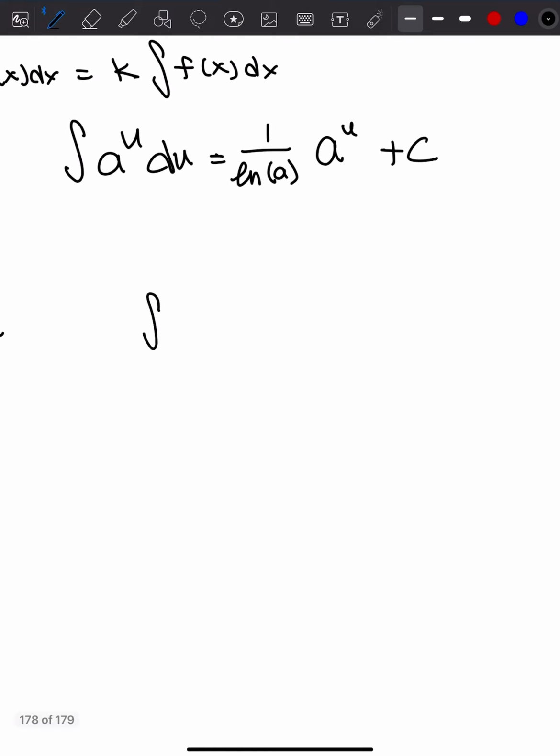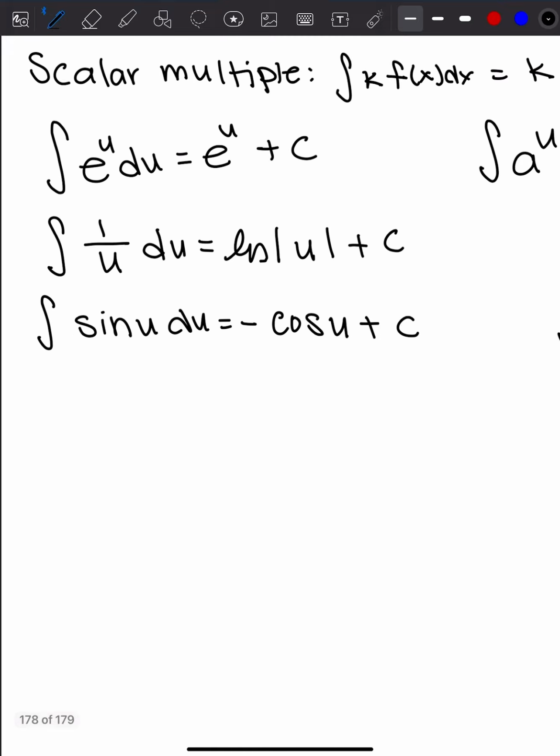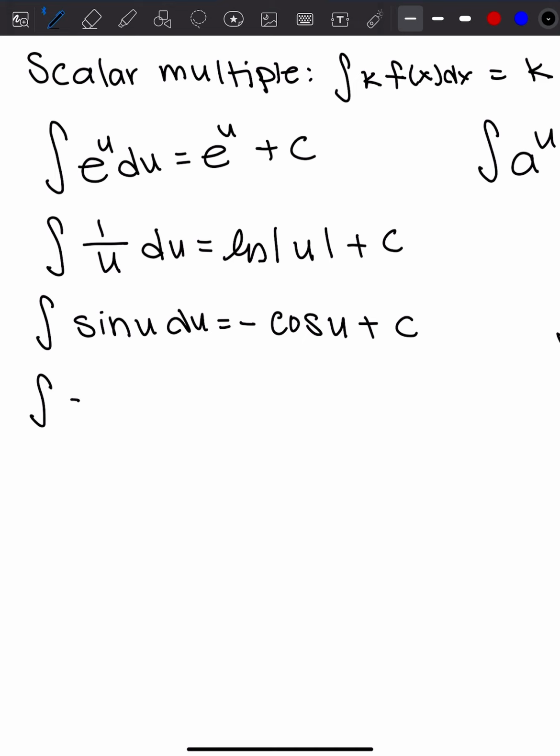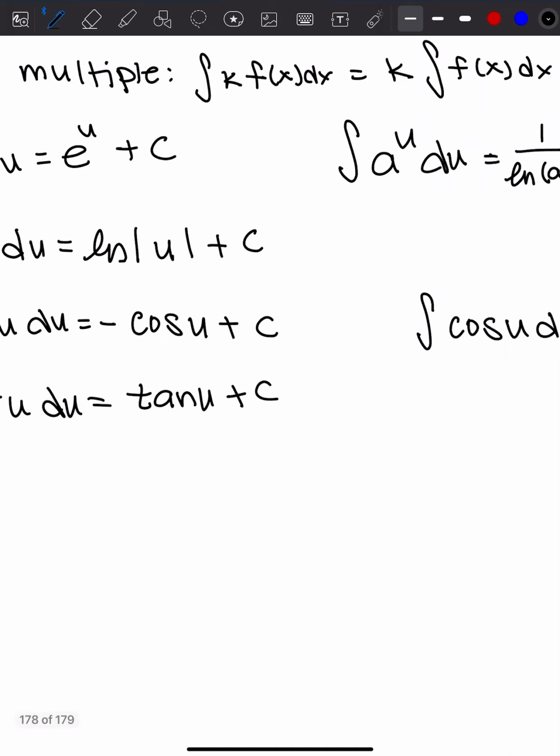If we take the integral of cosine, that's going to give us sine, because if I take the derivative of sine, that would have given us cosine. The integral of secant squared is something that we can do because the derivative of tangent is secant squared, so I know that backwards is going to help us out.